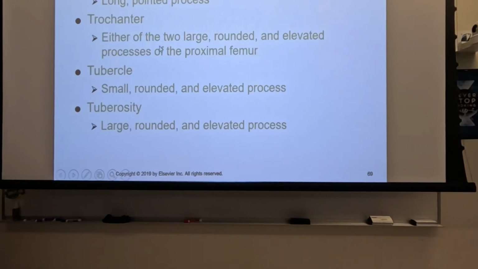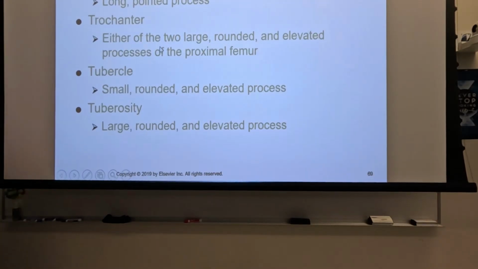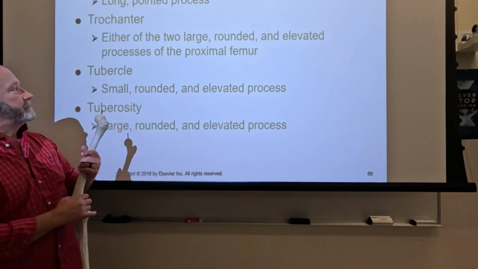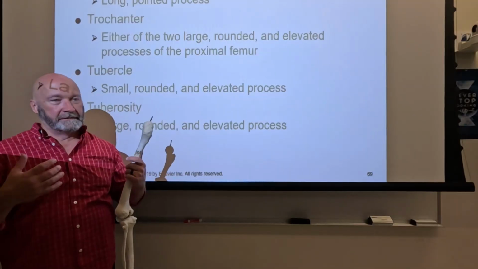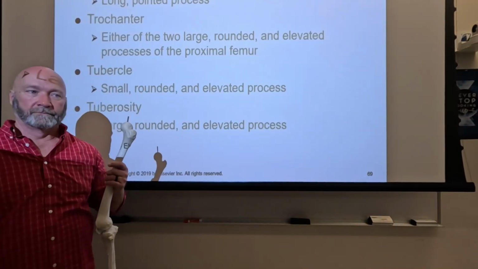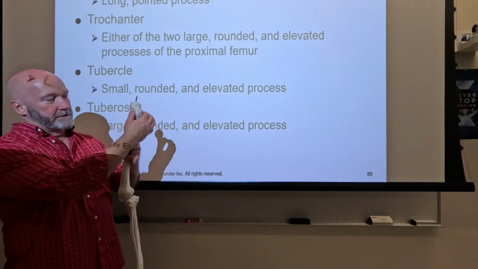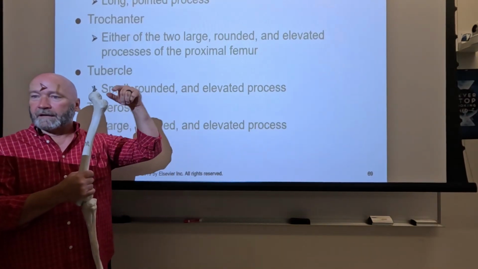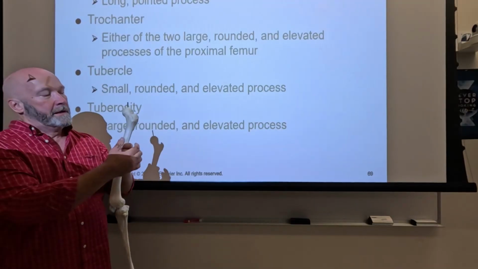A trochanter is going to be very specific to the femur. So anytime that you see specific reference to something, this is a trochanter right here. It's a big mass of bone on the lateral side of the femur, the proximal portion of the femur.